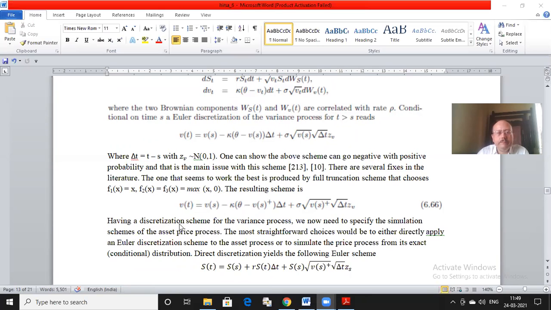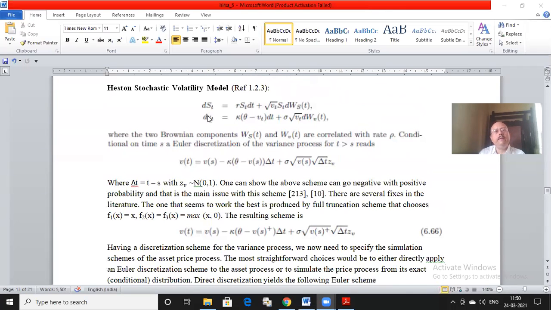So having this discretization scheme for the variance, now we will move on to the asset price process. Again, the most straightforward choice would be to either directly apply the Euler discretization scheme for dS_t or to simulate the price process from its exact conditional distribution. So here I have two choices.